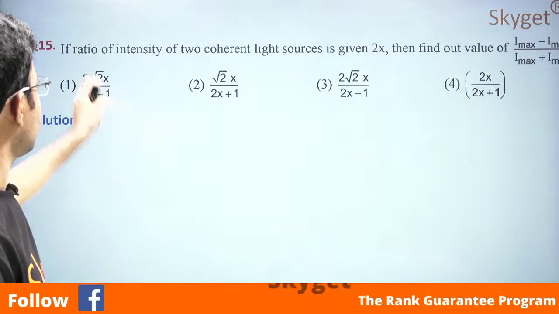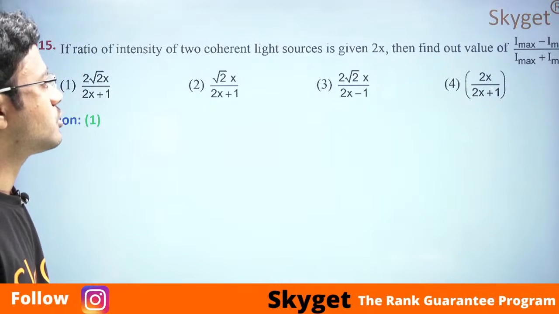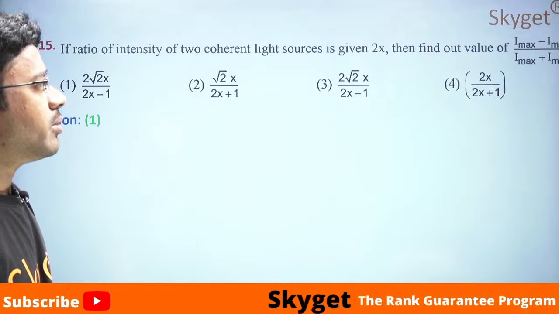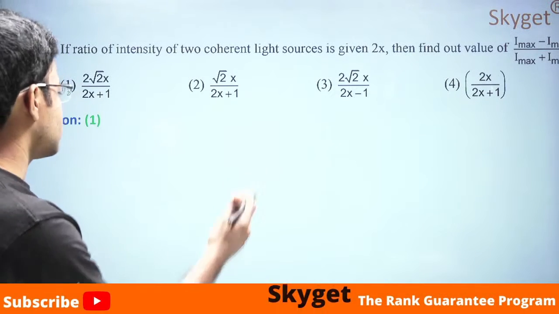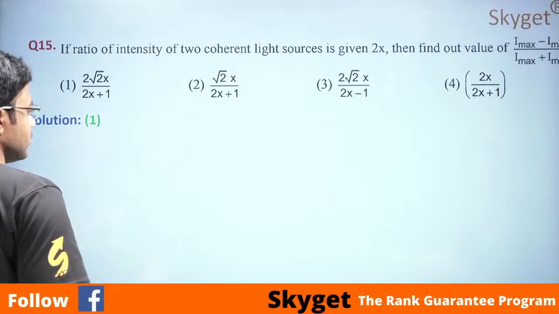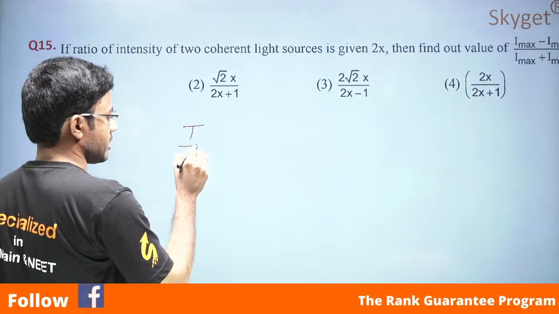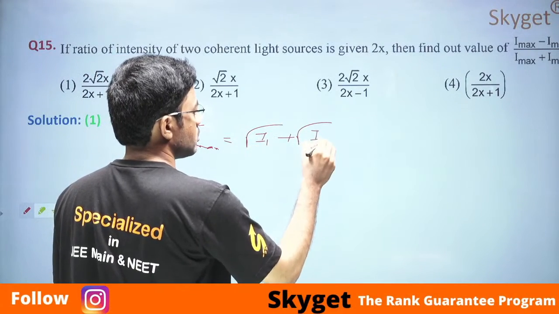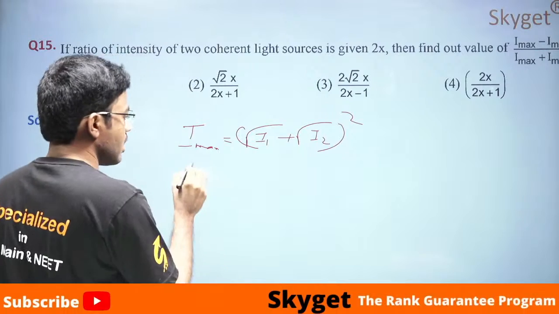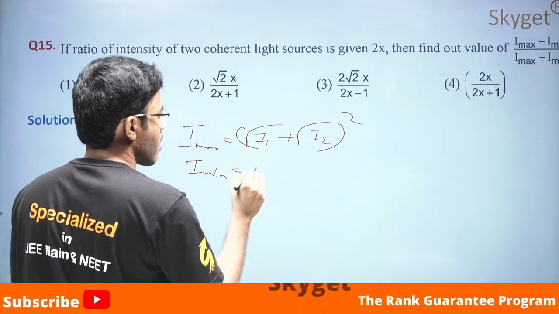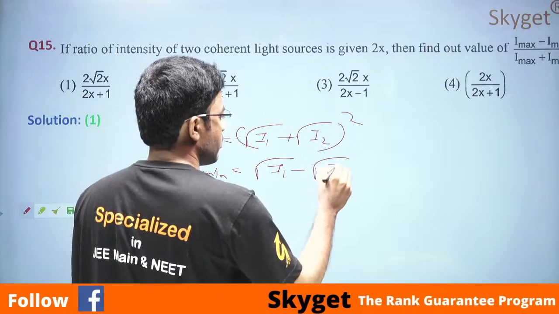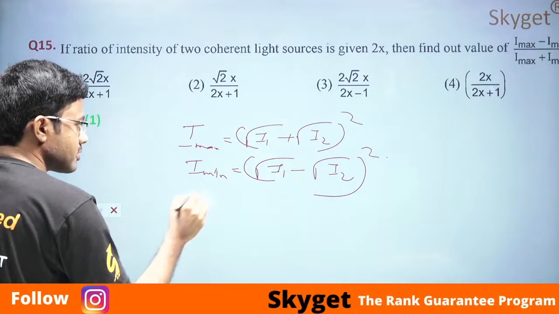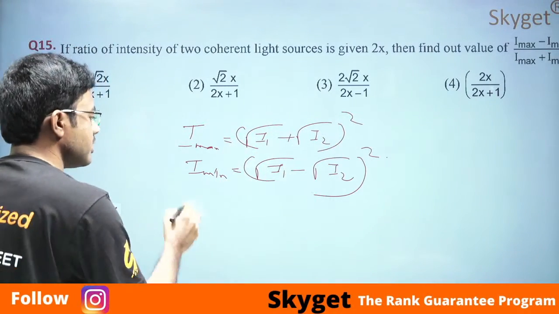Next, in the problem number 15, if the ratio of intensities of two coherent light sources is 2x, find the value of I max minus I minimum by I max plus I minimum. So what is I max and what is I minimum? As you know, the value of intensity max is equal to square root of I1 plus square root of I2 whole square. I minimum is square root of I1 minus square root of I2 whole square. So he is asking the ratio of I max minus I minimum by I max plus I minimum.